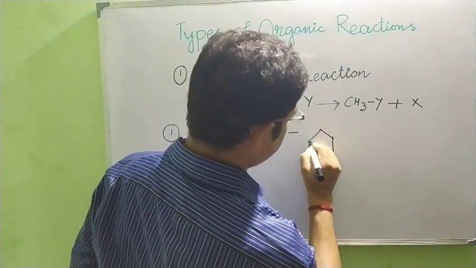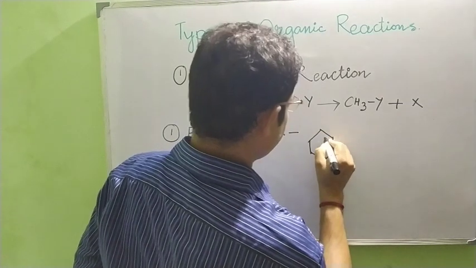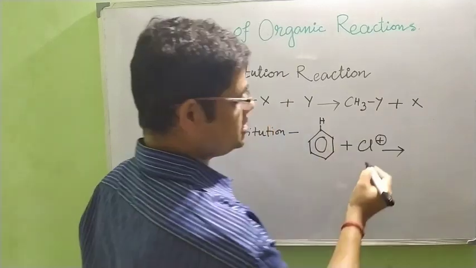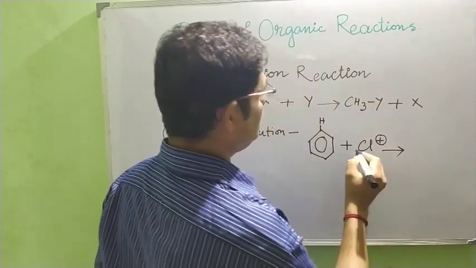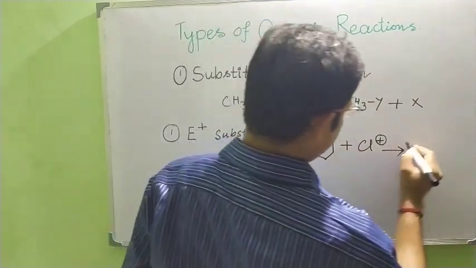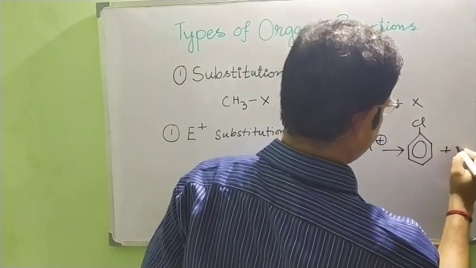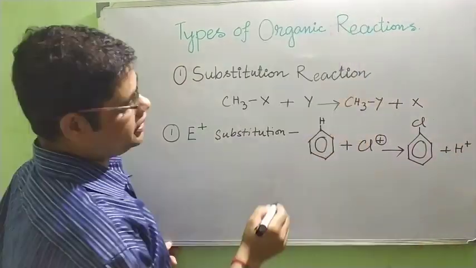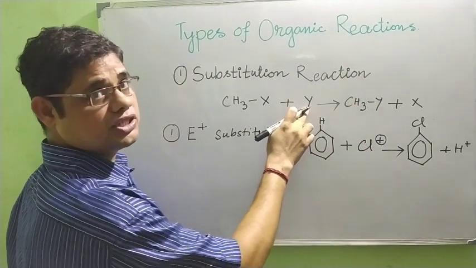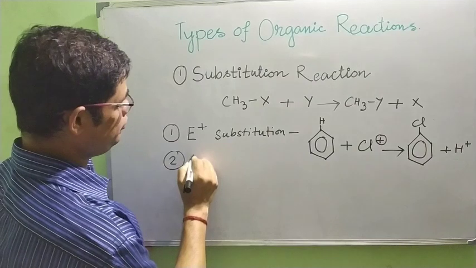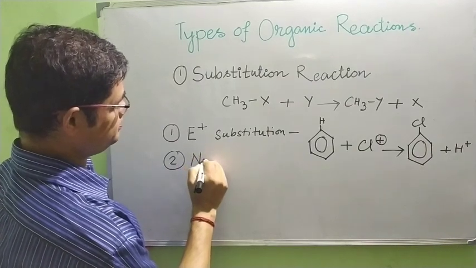Here is benzene. This is an electrophile. We get chlorobenzene. Then if the attacking species is a nucleophile, then it will be a nucleophilic substitution reaction.